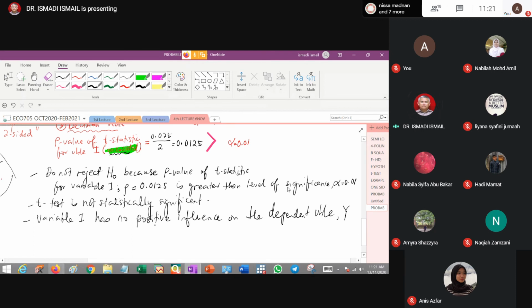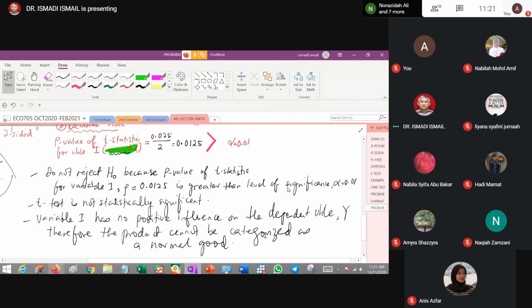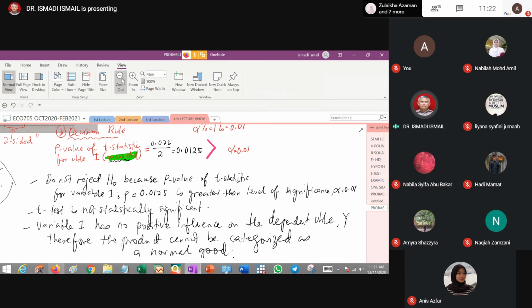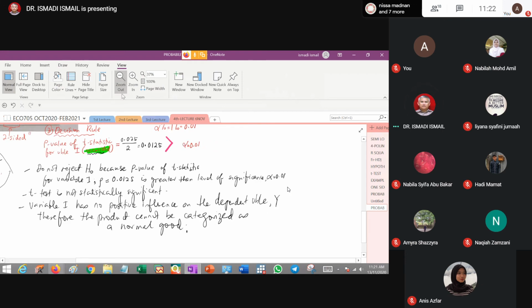So answer the question whether it is a normal good or not. It is not a normal good. Therefore, the product cannot be categorized as a normal good. Okay, this is how we conduct the t-test using p-value based on the one-sided t-test.